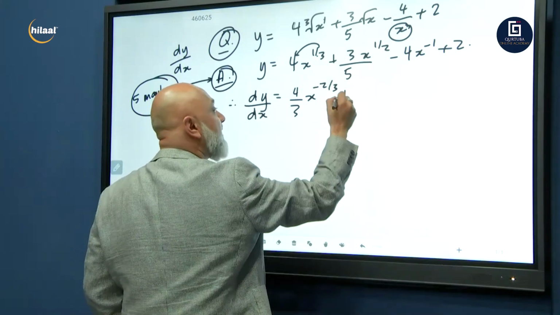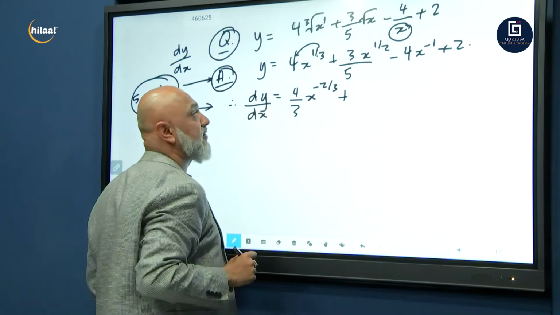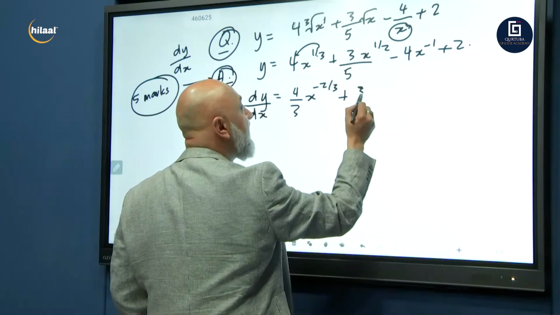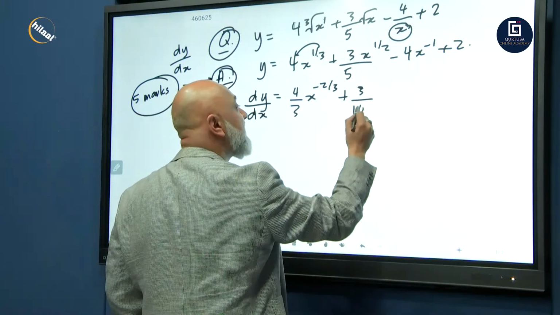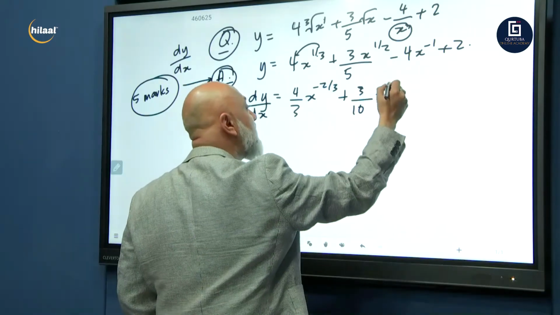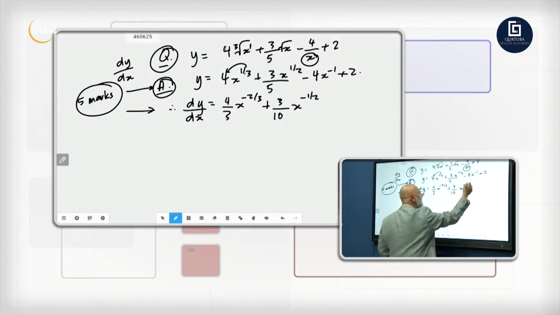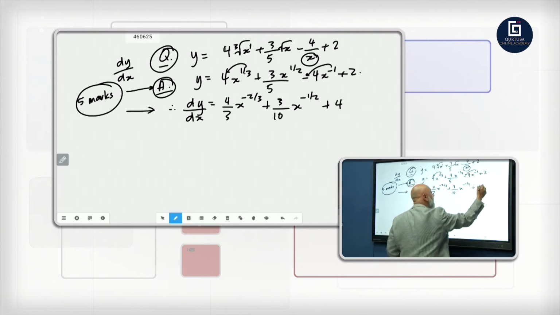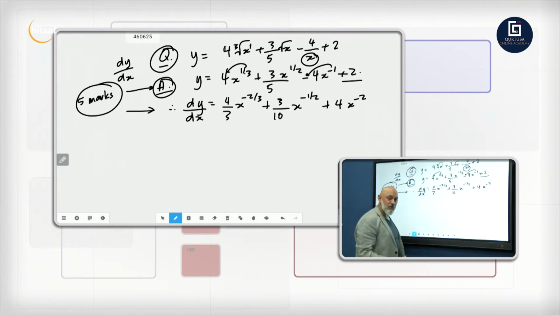Plus, a half: positive times positive is a positive. 3 times 1 is 3, over 5 times 2 is 10, x to the power a half minus 1 is minus a half. Negative times negative is a positive. 1 times 4 is 4, x to the power minus 1 minus 2. The constant term falls away.